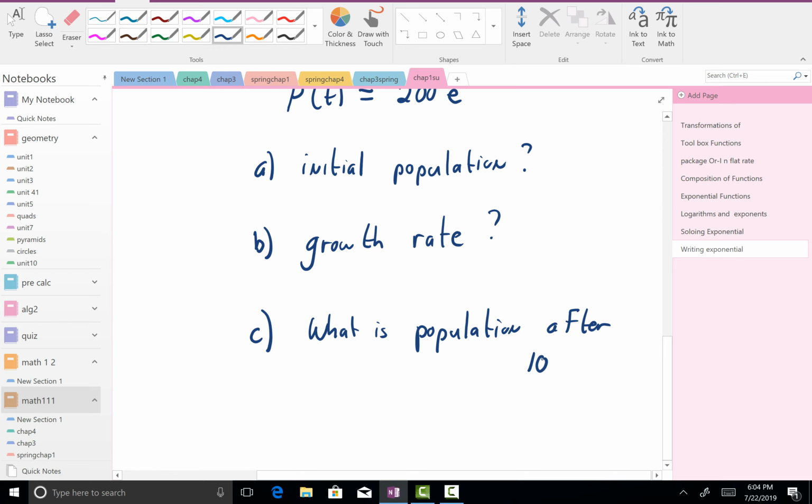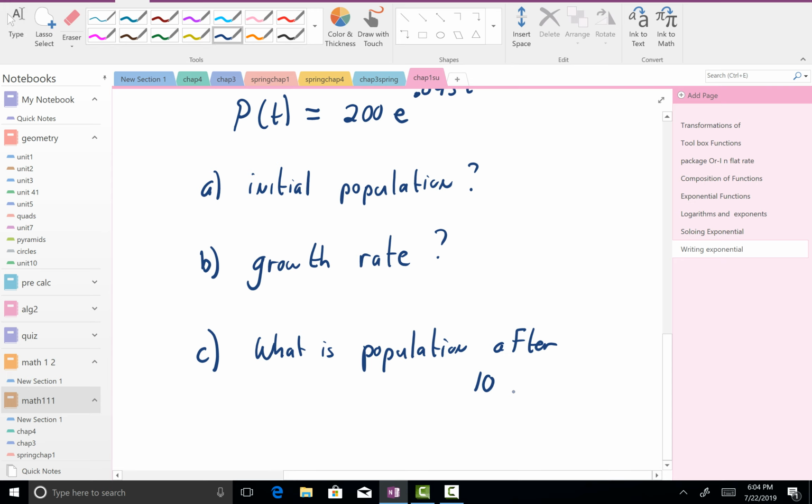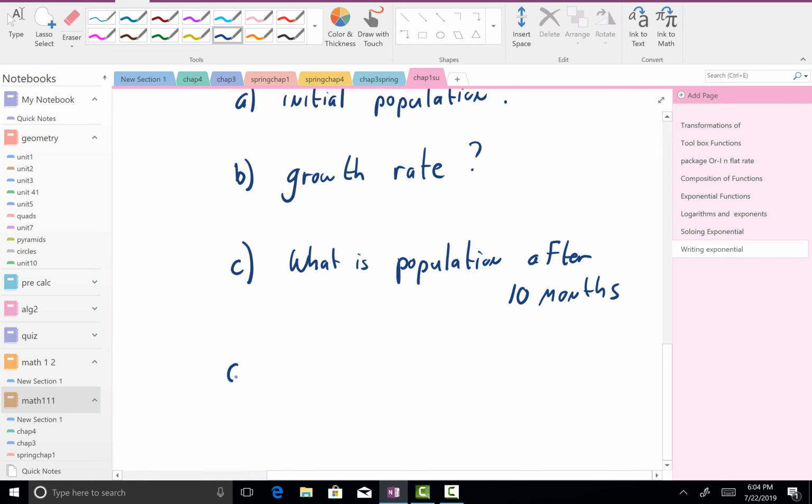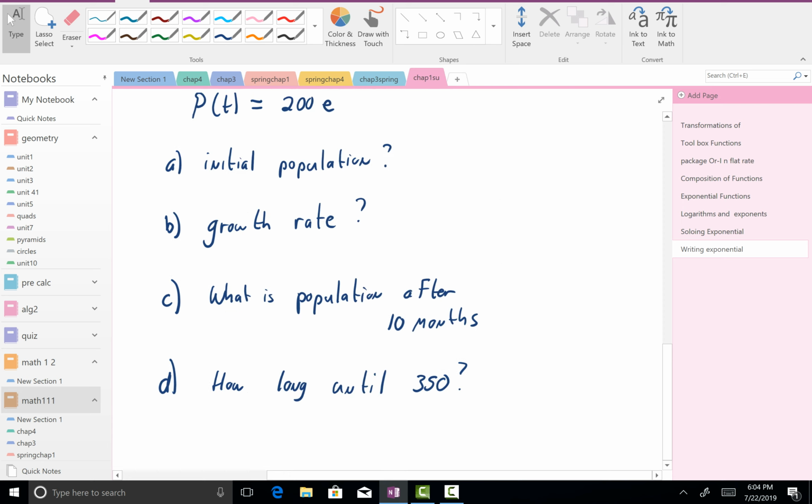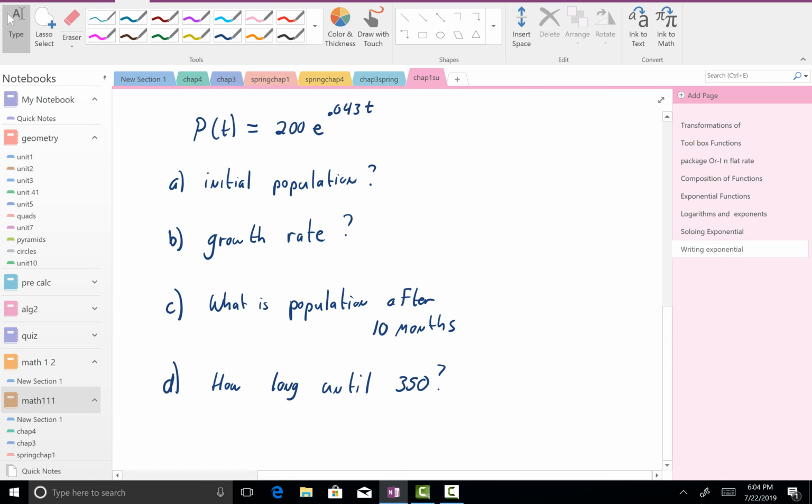We'll say this is a month thing. Okay, so let me make this down here a little bit better. So there we go. Here's our equation.